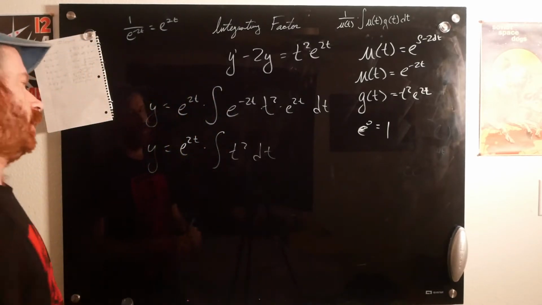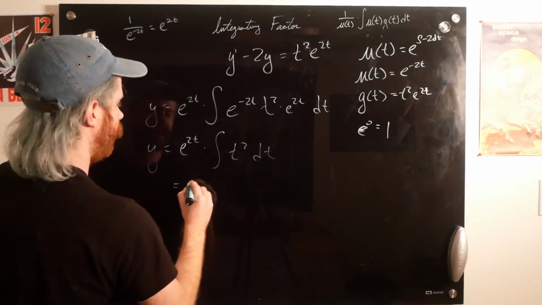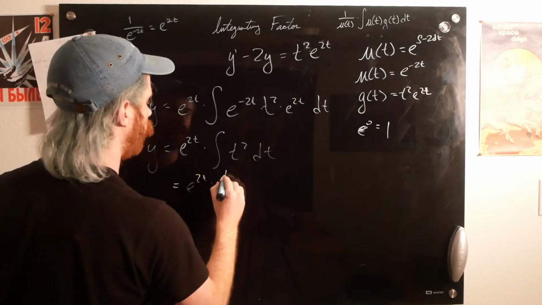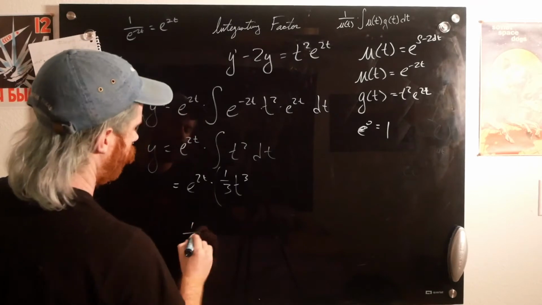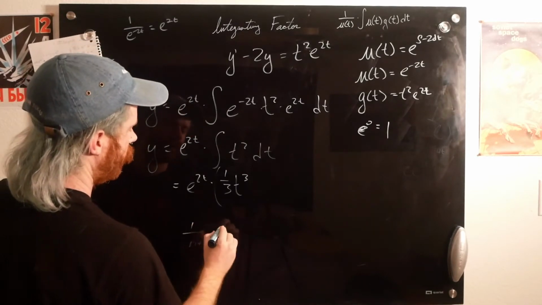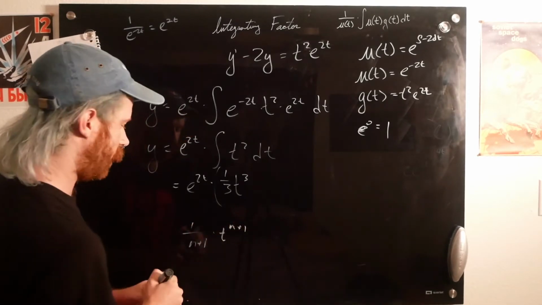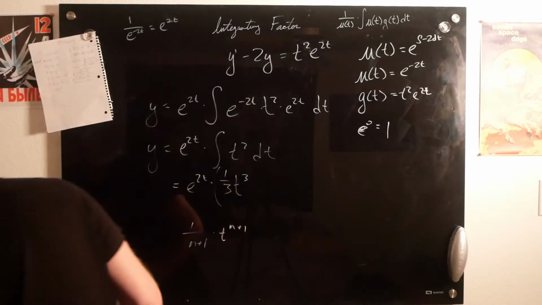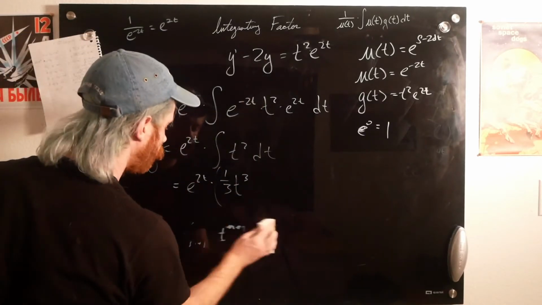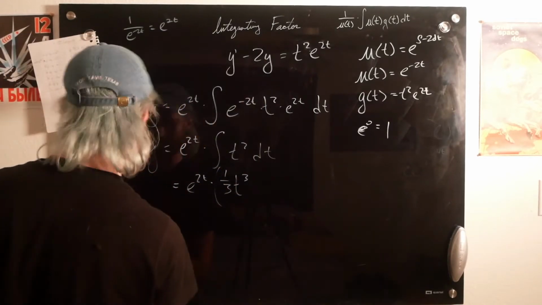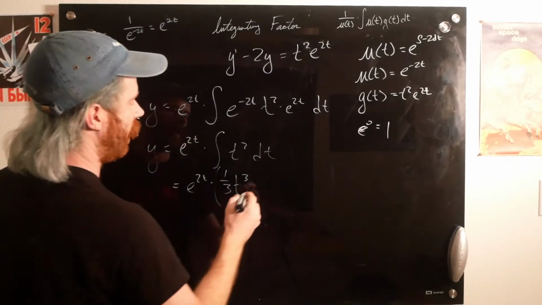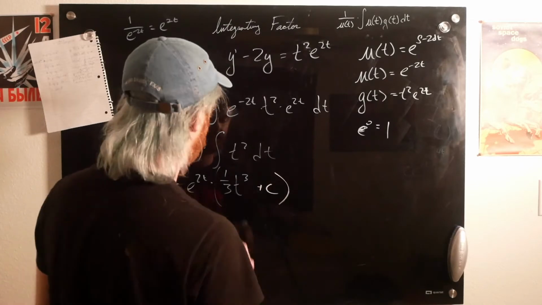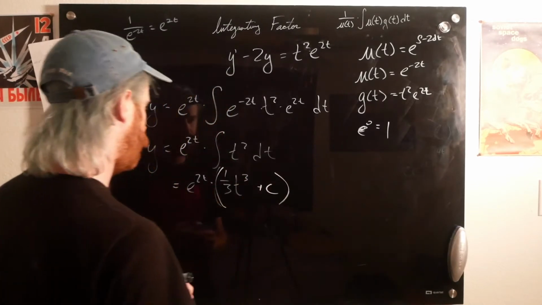So this is a pretty simple integral, right? So you just have e to the 2t times 1 over 3 t cubed, because 1 over n plus 1 times t to the n plus 1. So integrate. So 1 over 3 t cubed, and then we are worried about the constant of integration right here.